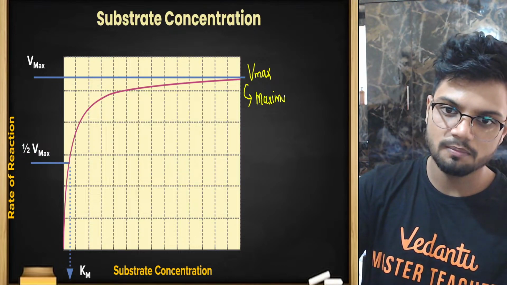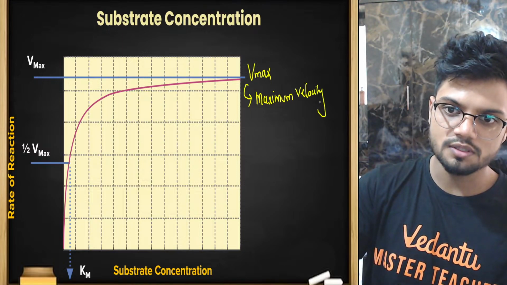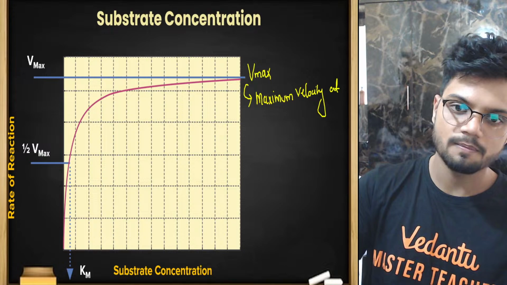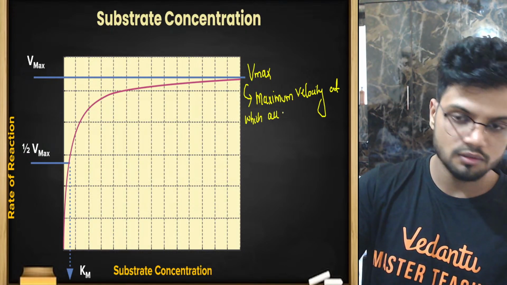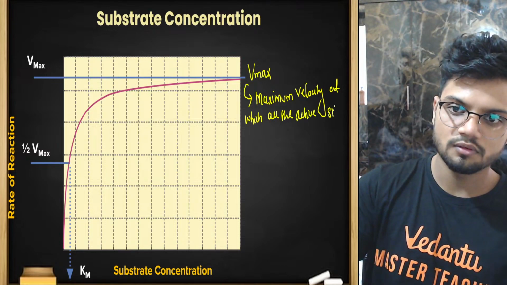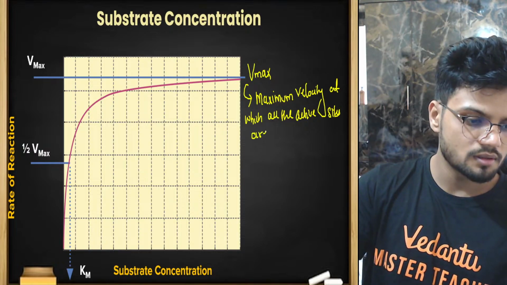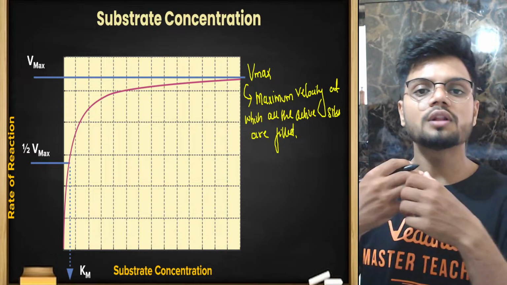It is nothing but the maximum velocity at which all the active sites are filled. So at what velocity are all the active sites filled?